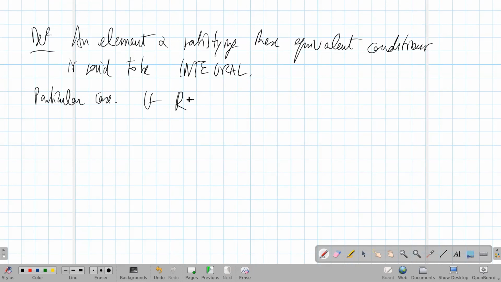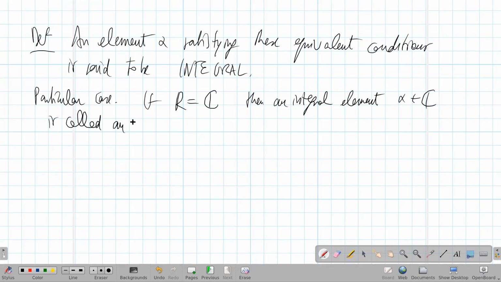If the ring R is the ring of complex numbers, then an integral element alpha of C is called traditionally an algebraic integer. And note the important difference, because we studied in algebra algebraic elements.